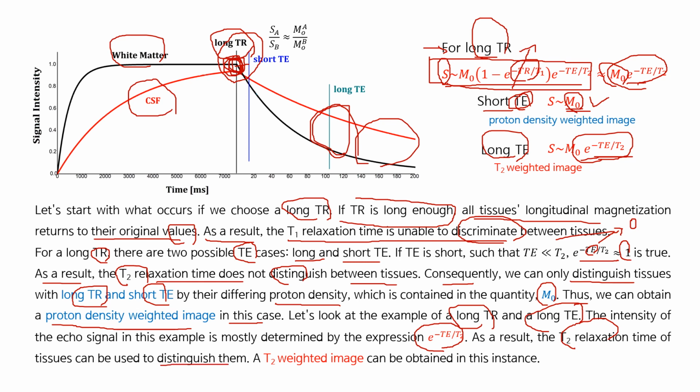So, for long TR and long TE, we can have the T2 weighted image. So in summary, for long TR and short TE, we have the proton density weighted image. On the other hand, long TR and long TE, we can have the T2 weighted image.